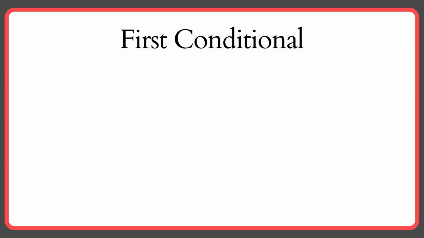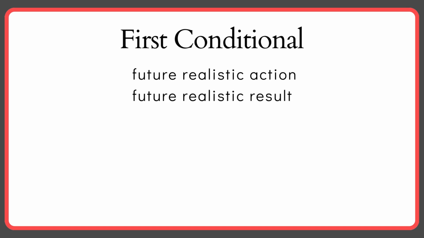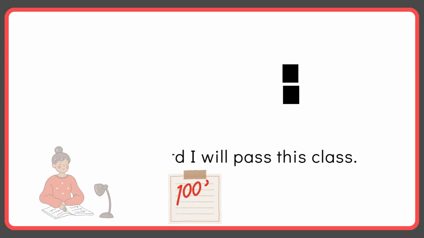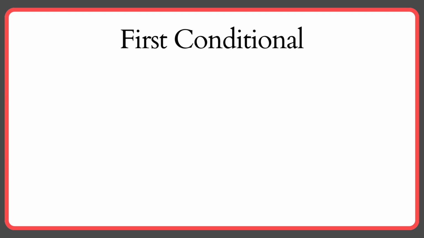The first conditional talks about a future action that is realistic and a real result if that hypothetical action were to happen. If I study hard, I will pass this class. To form the first conditional, we usually start with if and then a present simple action.